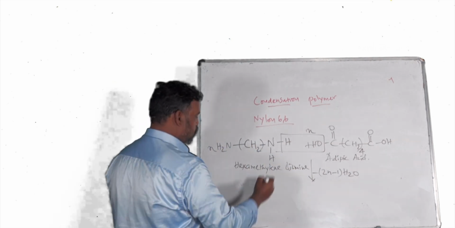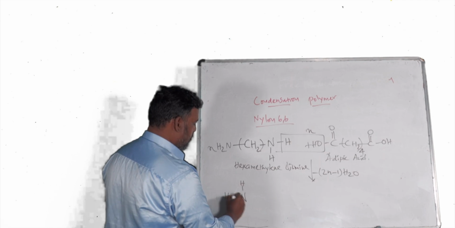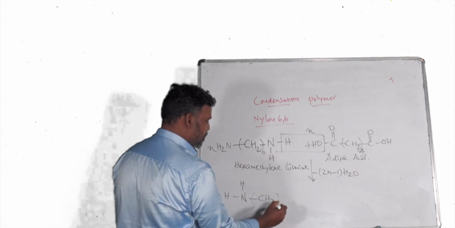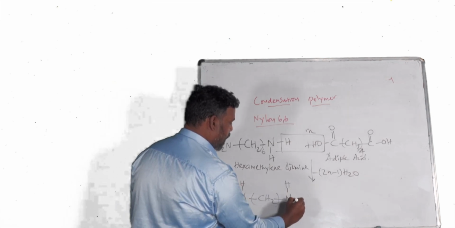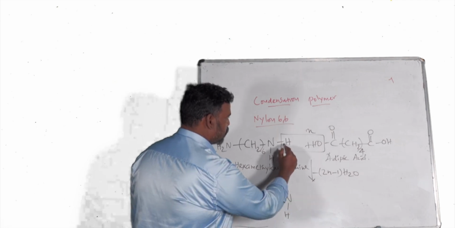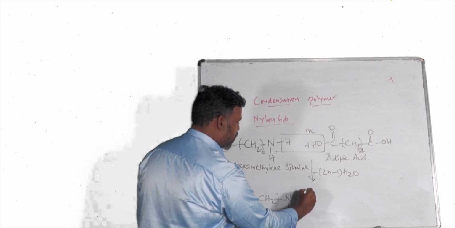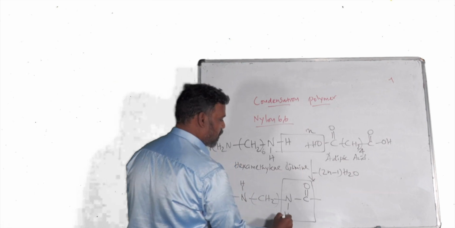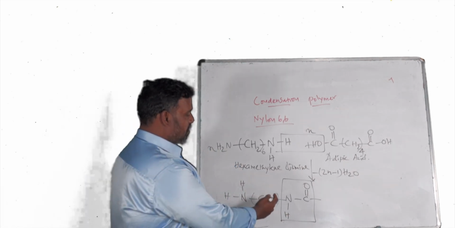When these two react, you end up with NH, CH2, it is actually hexamethylene, 6 times methylene, and NH. This hydrogen is gone, this hydroxyl reacts, these two functionalities react, and you end up with a peptide bond. We all know this one. This is a peptide linkage. All the amino acids react to produce peptide linkage.